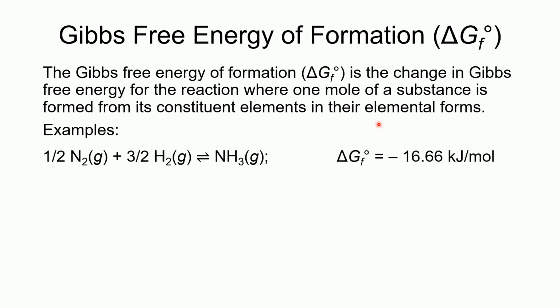And just to show you a couple of examples of these, I've got here ammonia. So on the left, we've got half a mole of nitrogen plus 1.5 moles of hydrogen, and that is in equilibrium with 1 mole of ammonia. Our delta G of formation here is negative 16.66.